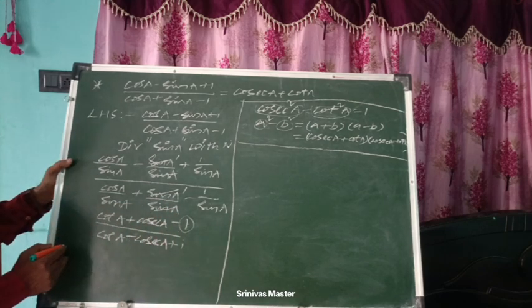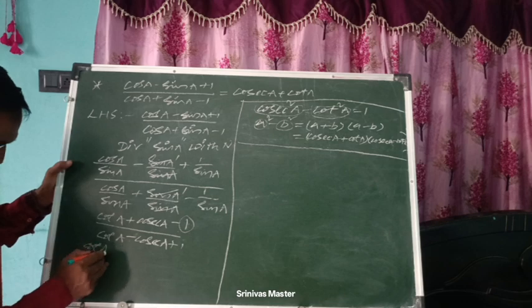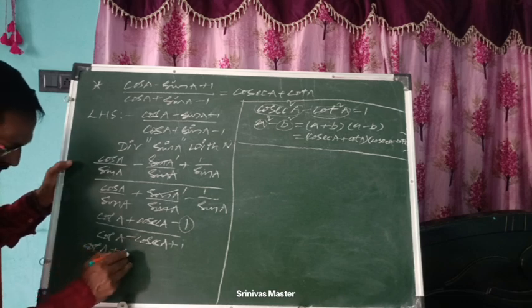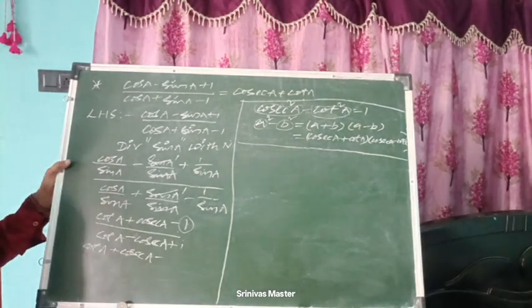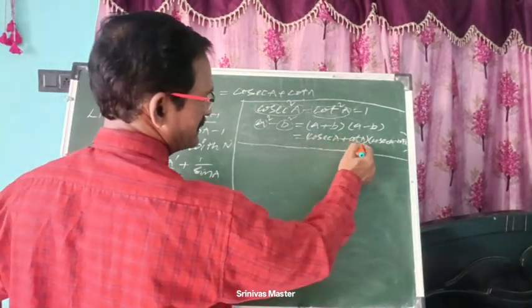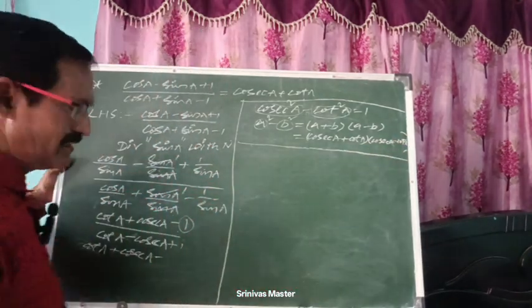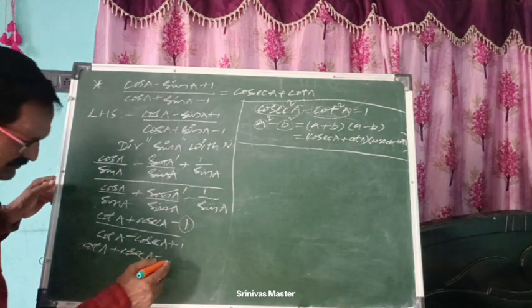So this can be written as cot A plus cosec A, over cot A plus cosec A minus 1. That means that 1 is equal to what? Cosec A plus cot A into cosec A minus cot A. Which place? In the place of this 1.